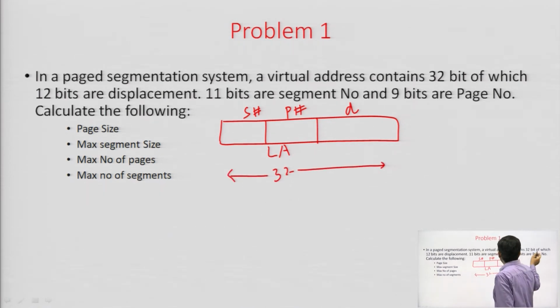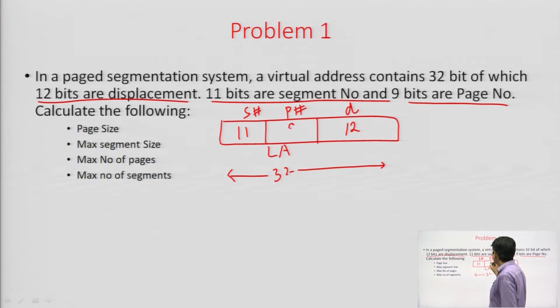Out of which 12 bits are displacement, D. 11 bits are the segment number and 9 bits are the page number. So, 11 plus 9 is 20, plus 12 is 32.